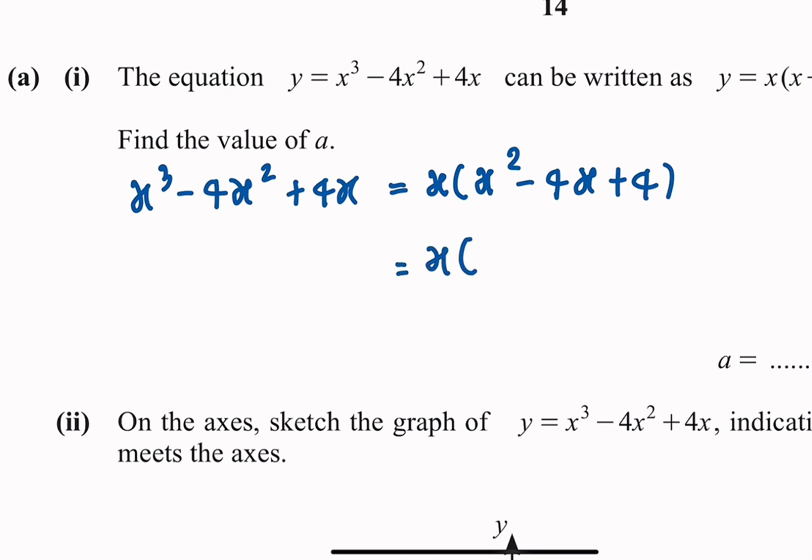And x squared minus 4x plus 4 is equal to (x minus 2) squared, because this is 2 squared. And therefore, a is equal to 2.